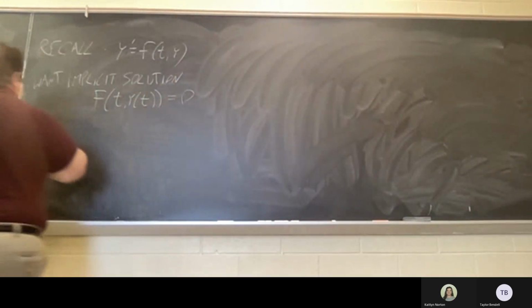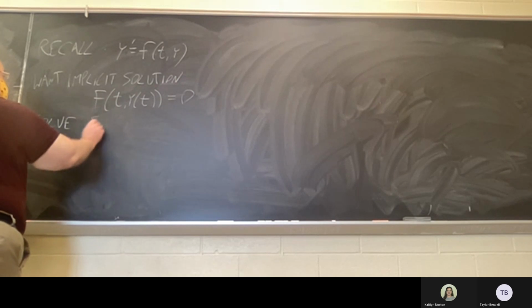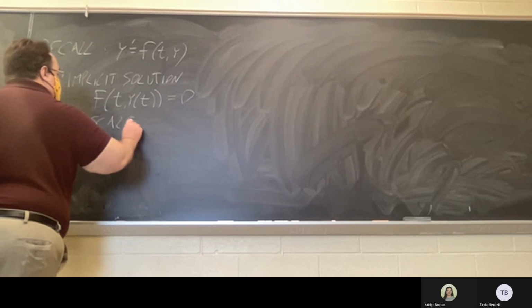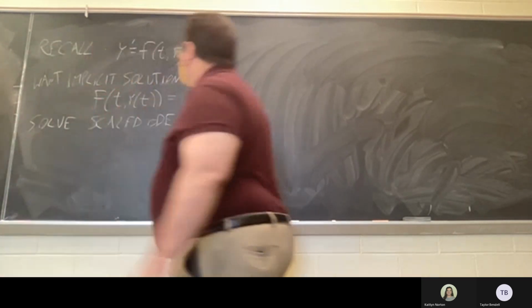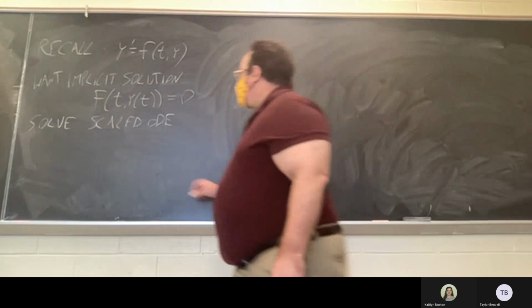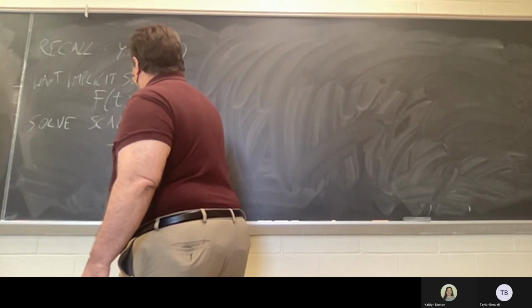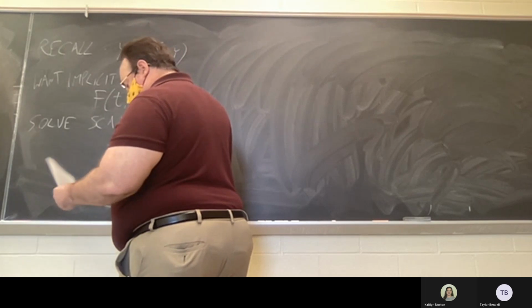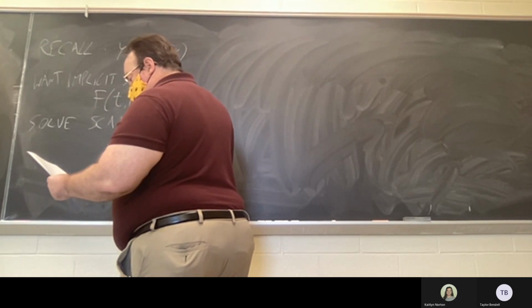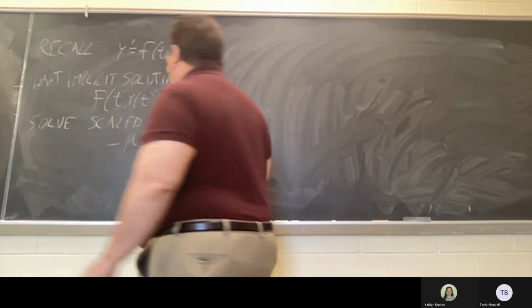So to find that, we solve the scaled ODE. So minus mu f plus mu y prime is equal to 0.